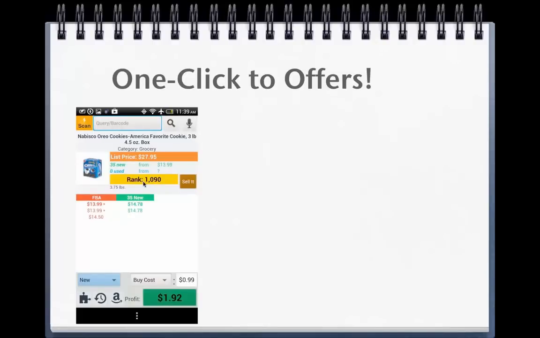We can see sales rank is 1,090, but 1,000 in grocery is way different than 1,000 in books. So we want to display sales rank as a percentage of items in the category. And I think that's going to be a great feature that's going to let people make smarter buying decisions, because even if you're not an expert in grocery, you'll be able to see if it's in the top 5%, top 10%, or top 20%, or if it's towards the bottom of the sales rank ladder.